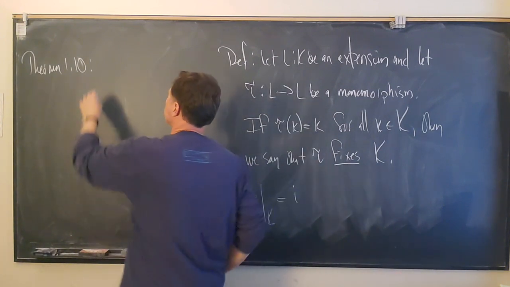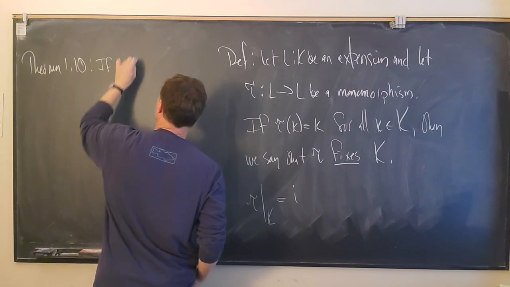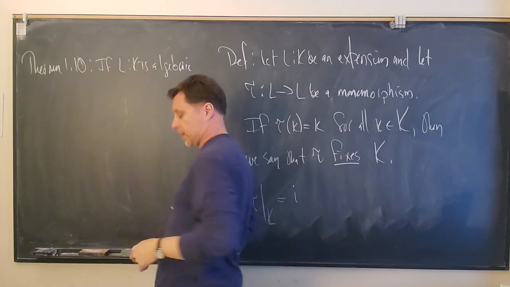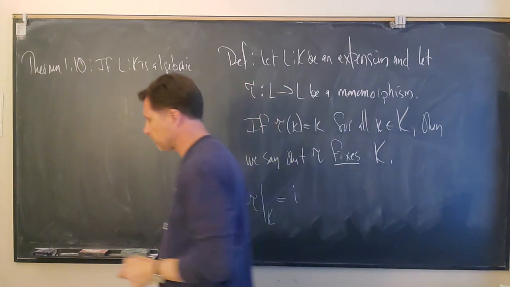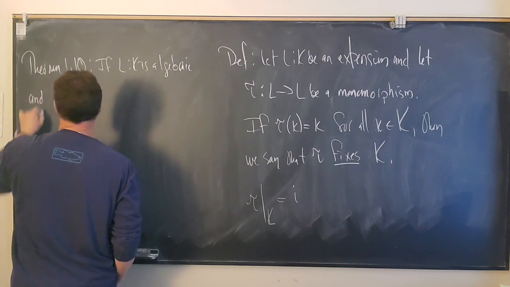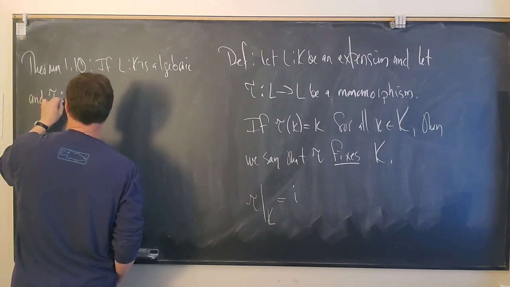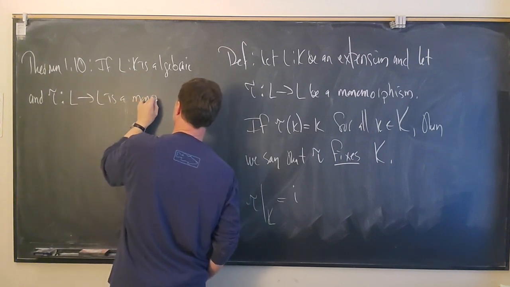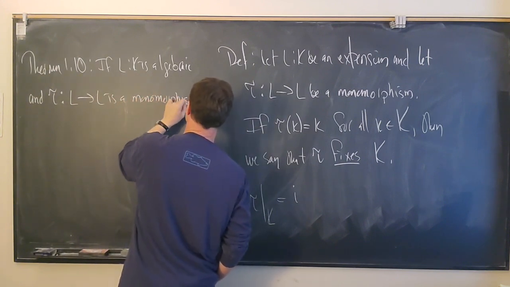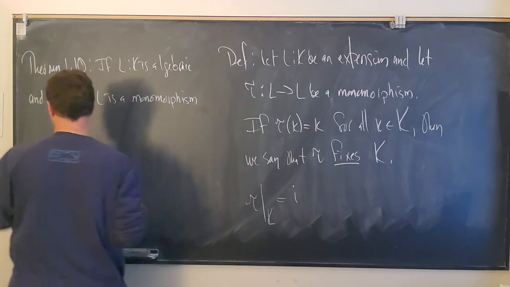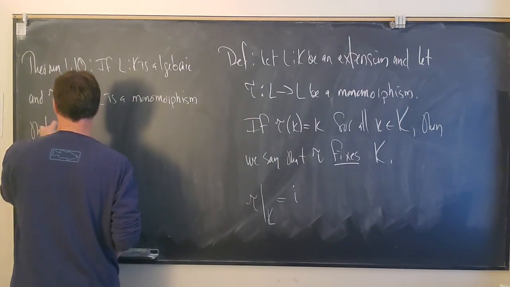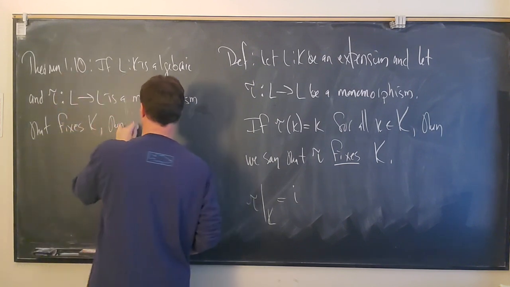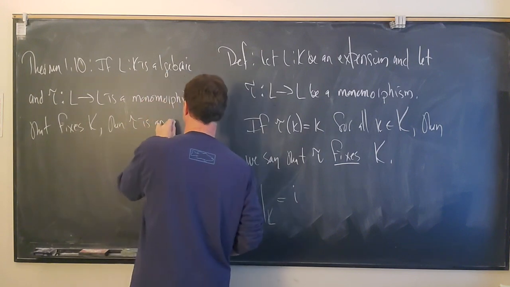If L over K is algebraic, and tau from L to L is a monomorphism that fixes K, then tau is an automorphism.